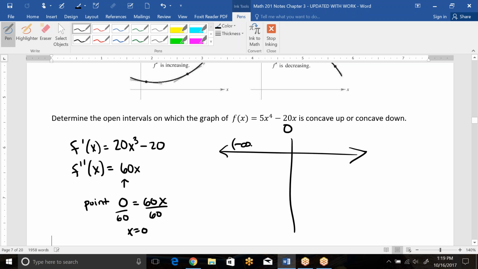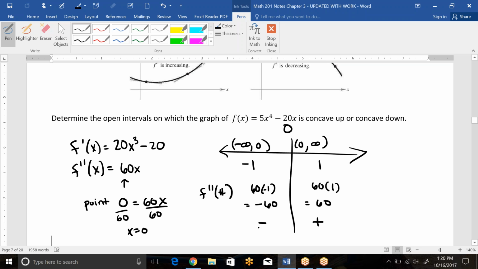and we pick a test value on each side, so let's say -1 and +1, we plug those into our second derivative. So this would be 60 times -1, which is -60. This would be 60 times +1, which would be +60. This is an overall negative. This is a positive.